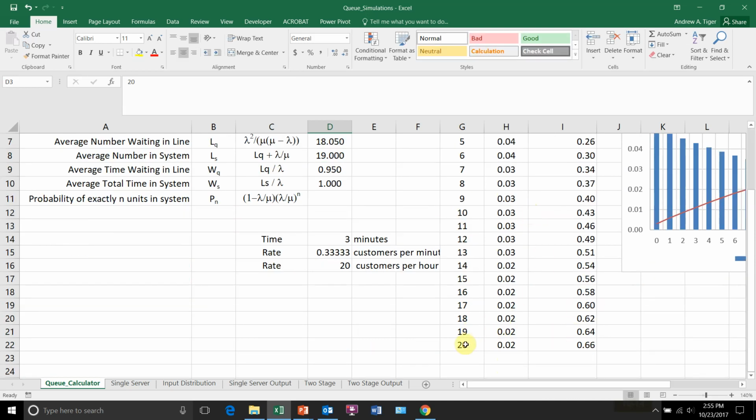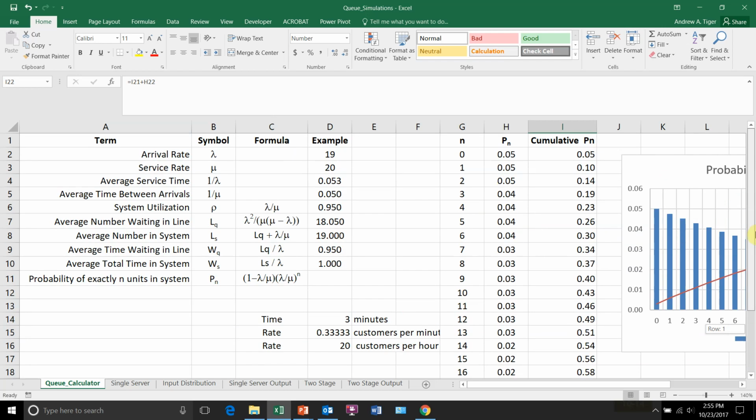I've only got my table going out to 20, but the chance that I will have more than 20 is about 33%, because this is the probability of having 20 or fewer customers. So the chance of having more than 20 customers in my system is still really high: 1 minus that, or 33%. So you can see that when we get a real busy system, we get really big lines.